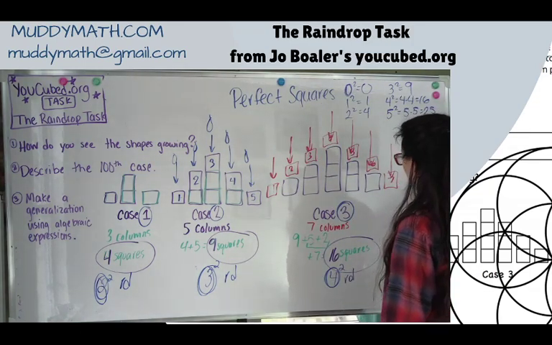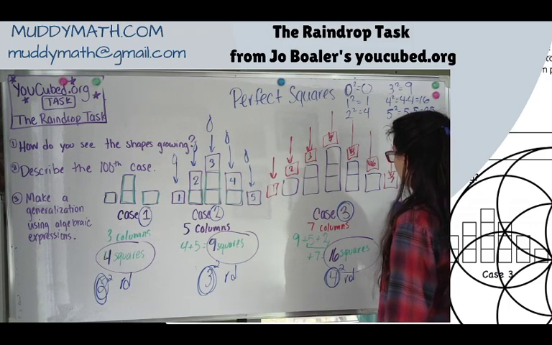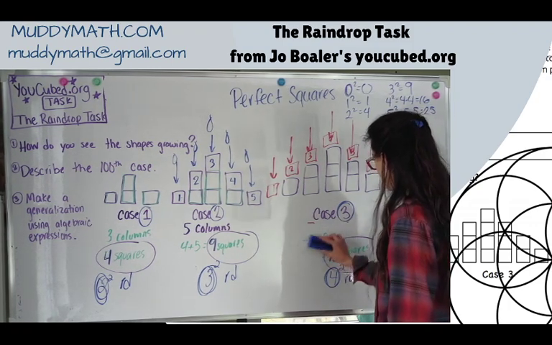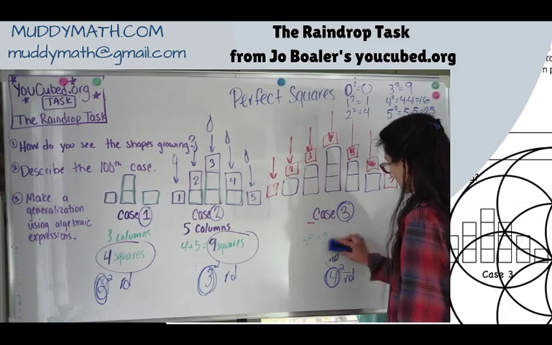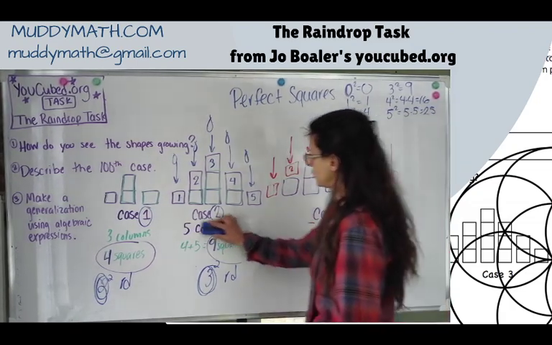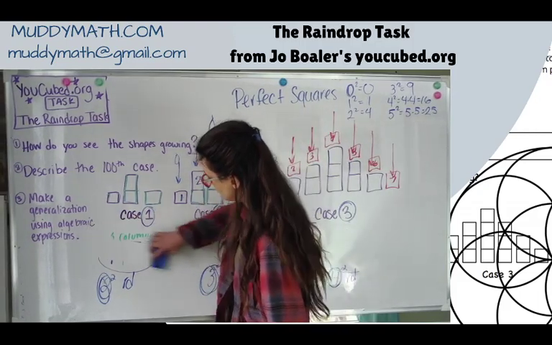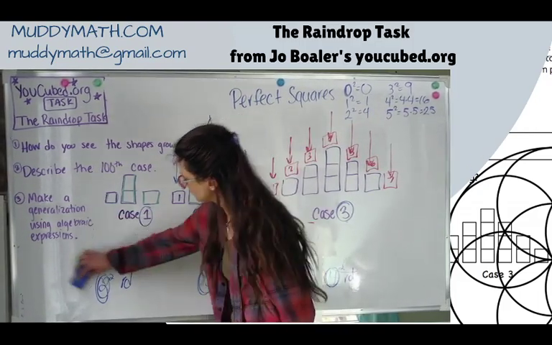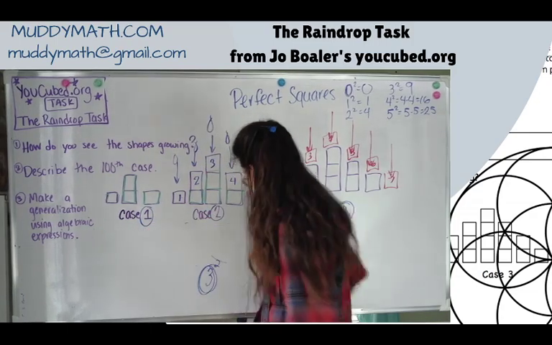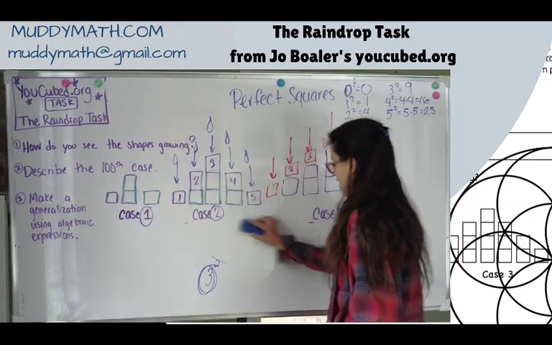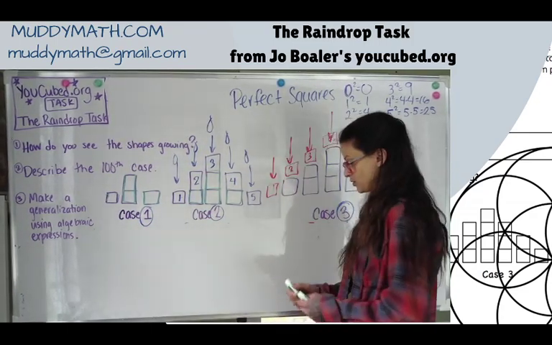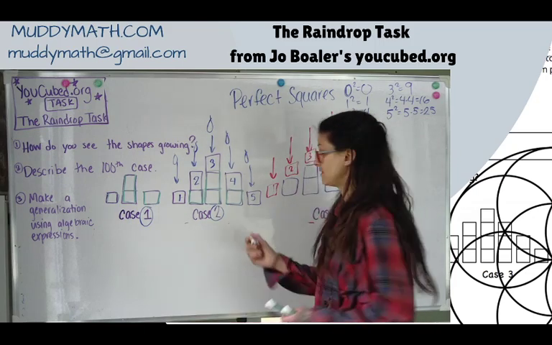So if I want to generalize that, okay, I have case 3 and 4 squared raindrops. I have case 2 and 3 squared raindrops. Case 1 and 2 squared raindrops. Okay, let me write this nice and neat for you all. And then maybe we can come up with an algebraic expression to represent this pattern.